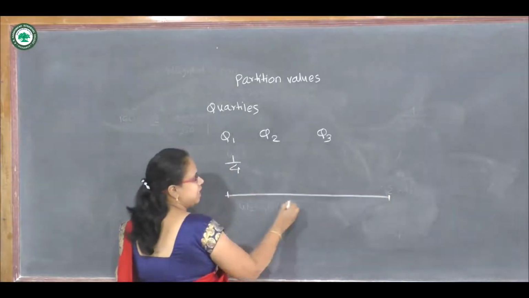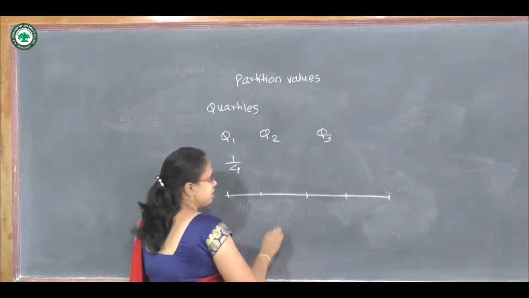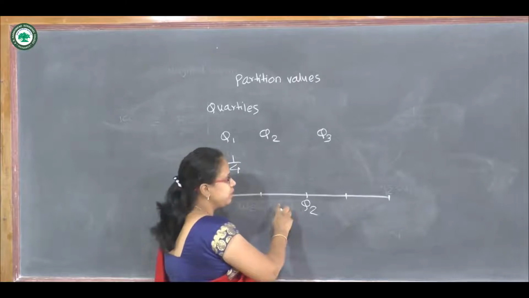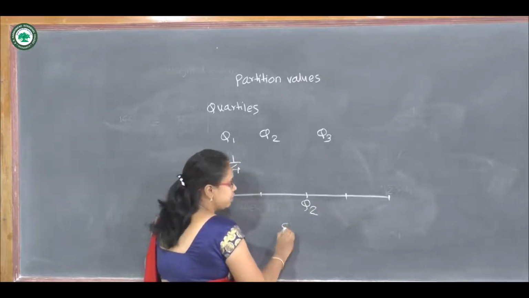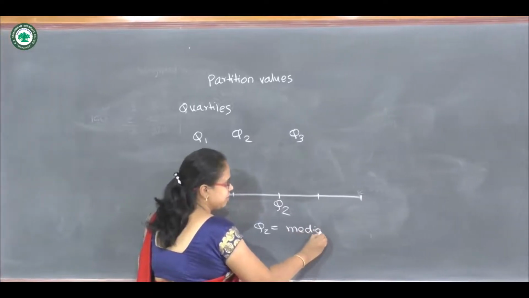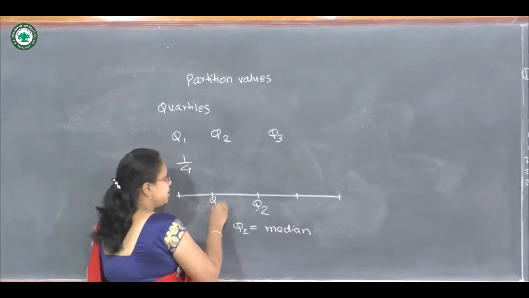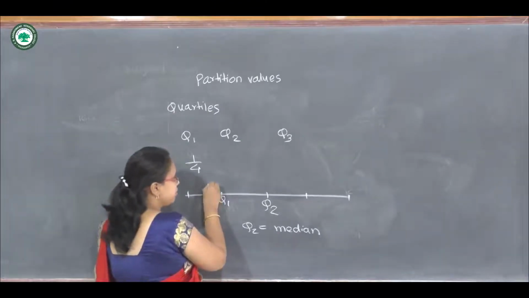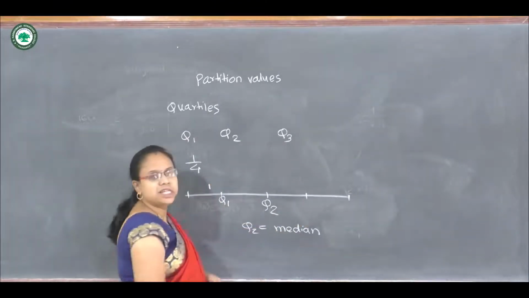So suppose this is the entire data, then this is the Q2 which divides the data into two equal parts. We here note that Q2 is same as our median. Then Q1 is the first quartile. So here is the part 1 and remaining are the 3 parts.